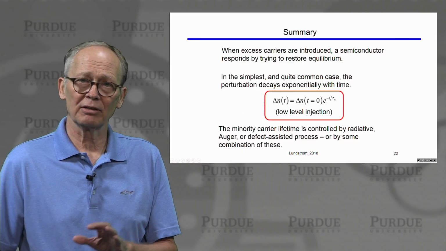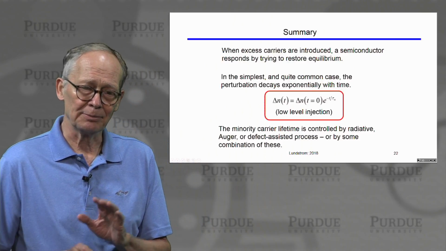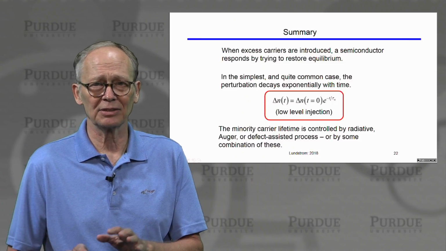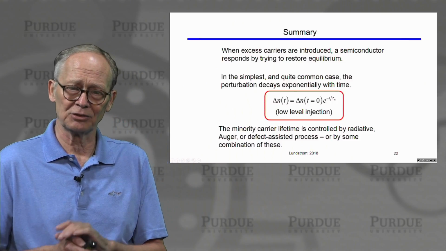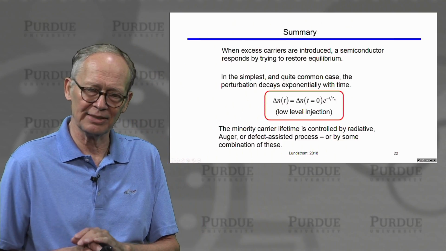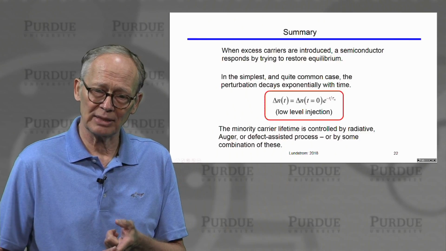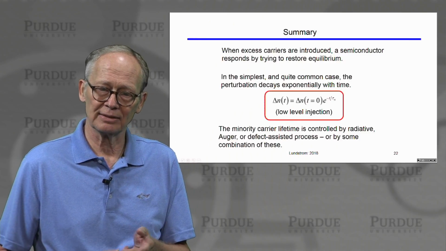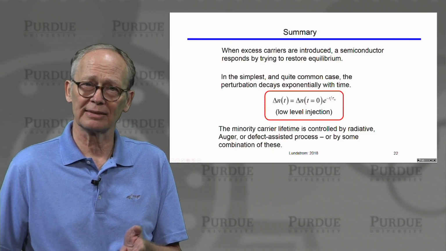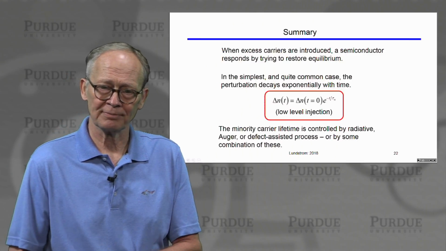That minority carrier lifetime is controlled by different types of physical processes. Depending on the particular semiconductor, and maybe on how it is doped, how carefully it's been prepared, and what its concentration of defects is, those processes might be radiative band-to-band processes, Auger processes, or defect-assisted processes, or all of those processes might be important at the same time.